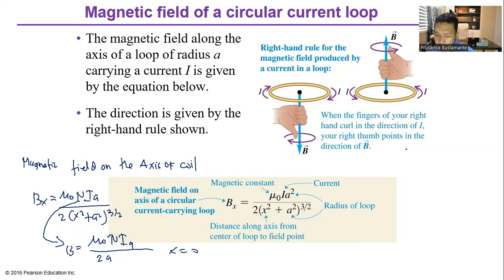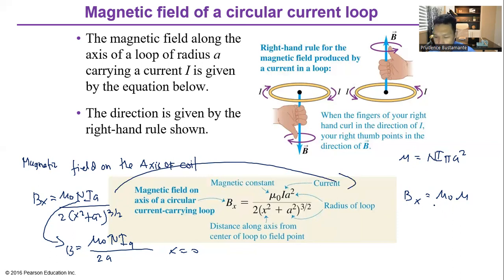Another term is that sometimes you use this one, which is equal to N I pi a squared. Sometimes you use that one. So your Bx is equal to mu naught over 2 pi, in this particular case, times 2 over x squared plus a squared to the power of 3/2.